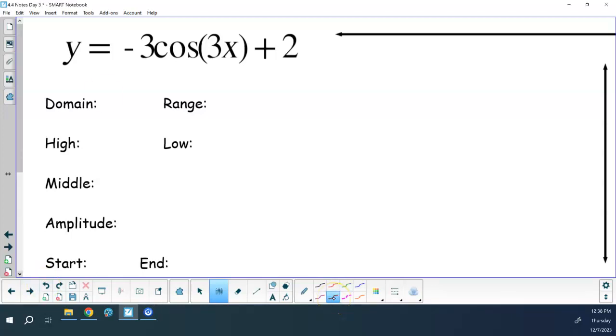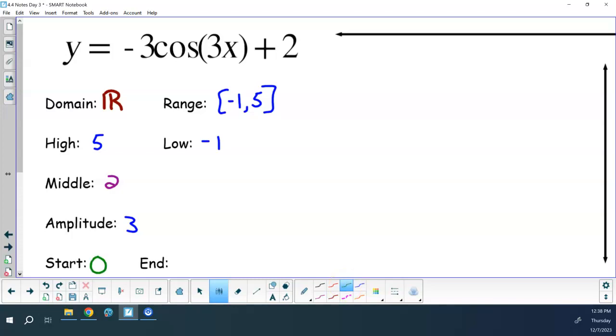I'll take the easy one. Give me another one. Middle's at 2. Amplitude, 3, which means my high is at 5 and my low is at negative 1. Start at 0 for this one.